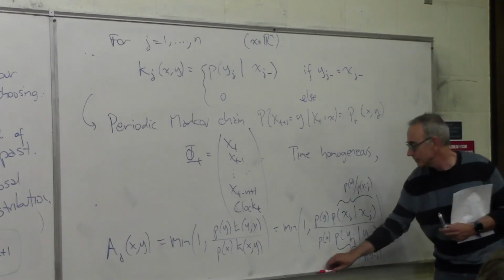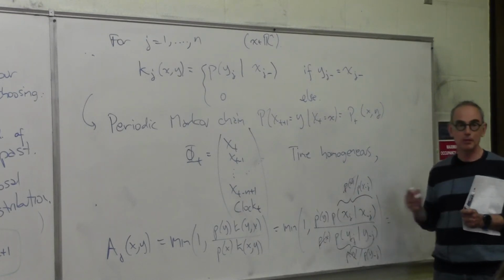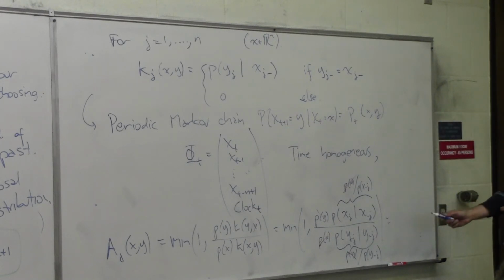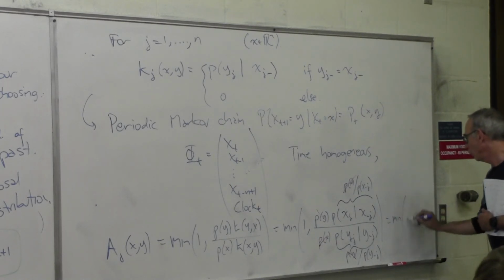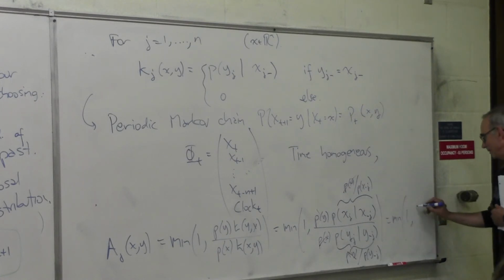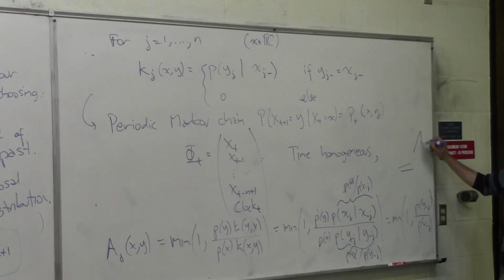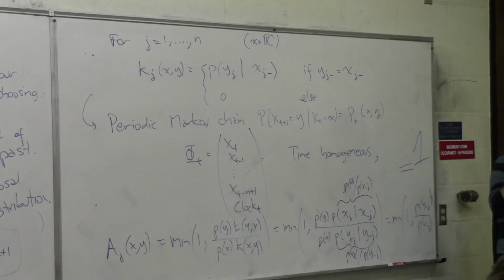And you see I get a cancellation of P of x and P of x, and a cancellation of P of y and P of y, right? And what's left is a minimum of 1 and the ratio P of y minus j over P of x minus j, and that is 1, because we don't change those guys. At each entry, we're only perturbing the jth element.